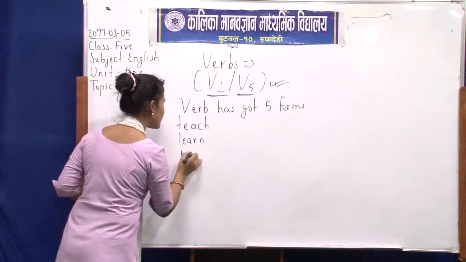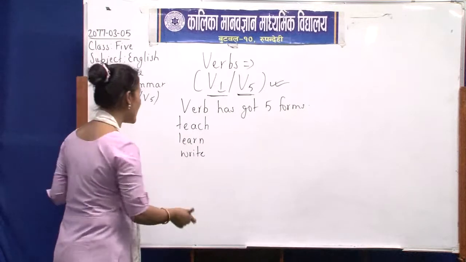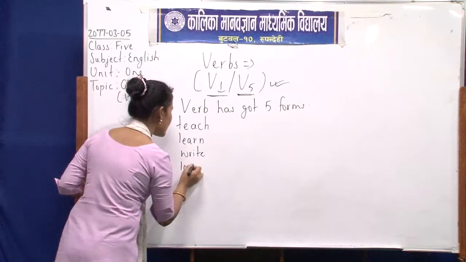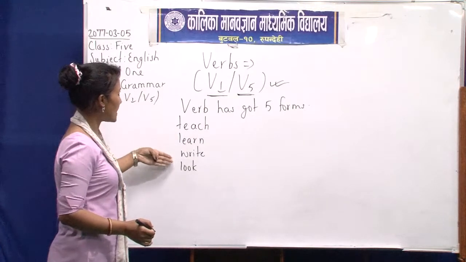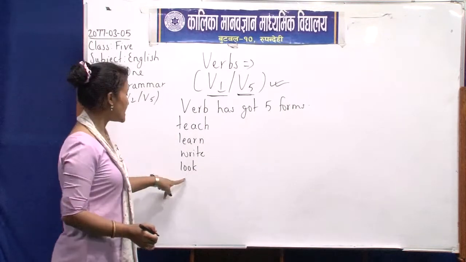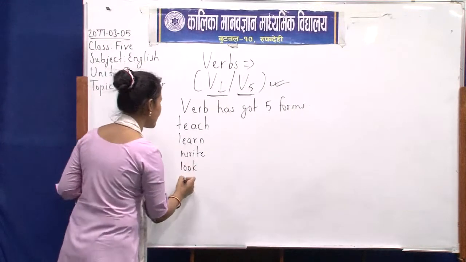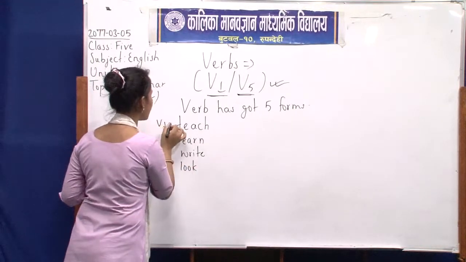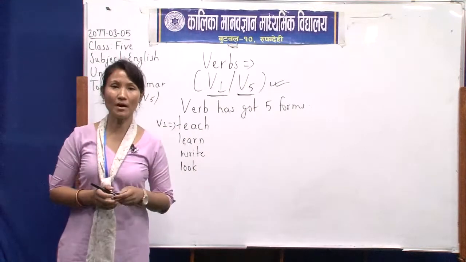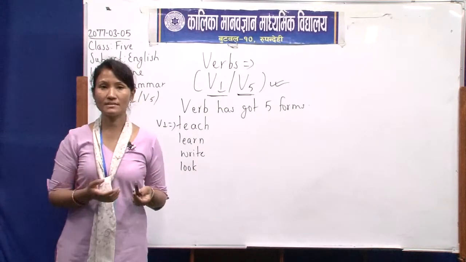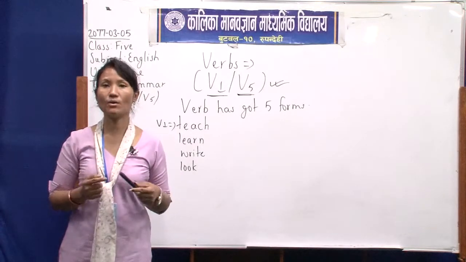Write. And you are looking at television, right? Look. See here: teach, learn, write, look. These are root verbs. That is verb 1. Now we change verb 1 into verb 5 by adding s or es.